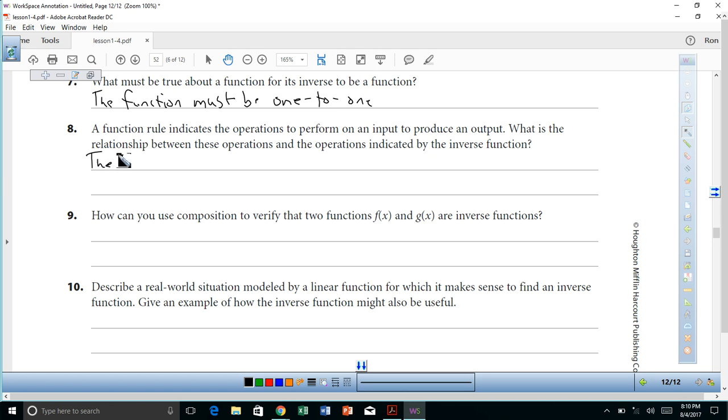The inverse function undoes the operations of the original function.